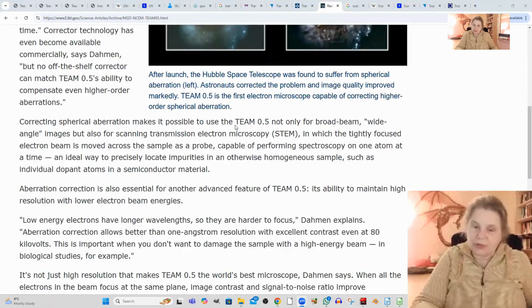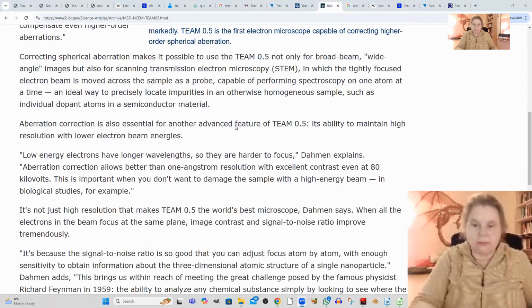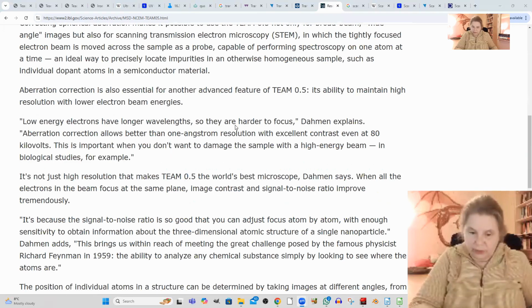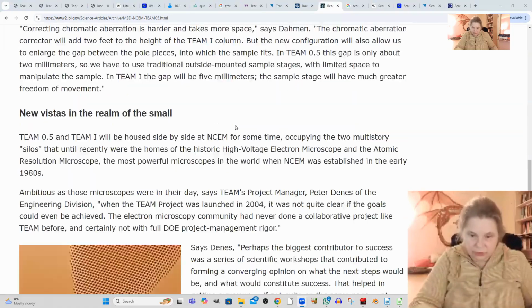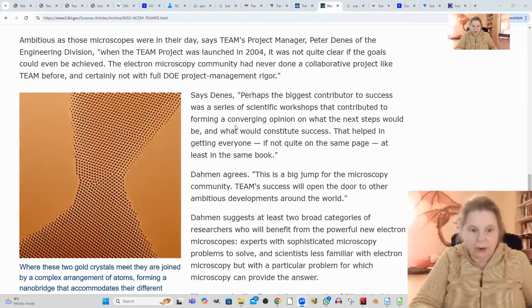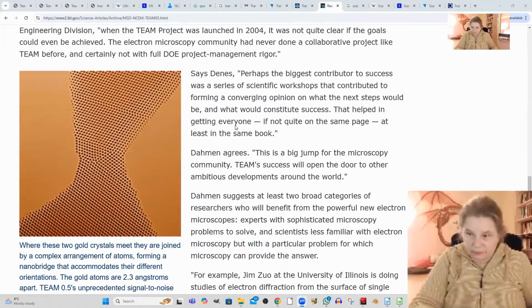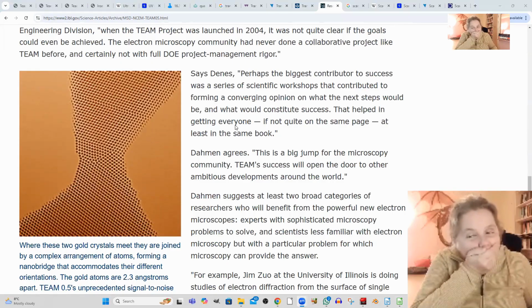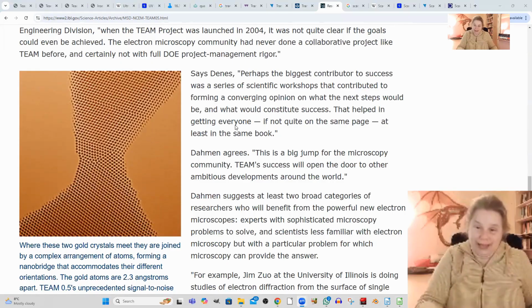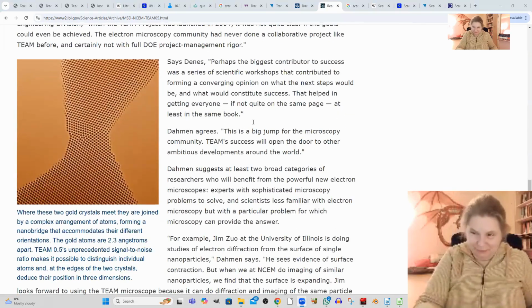Correcting the spherical aberration on this electron microscope meant that they were able to see individual atoms. You're welcome to read this, but there are individual atoms visible. Okay, so really quite scary.